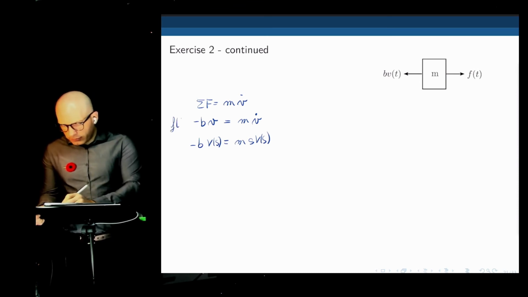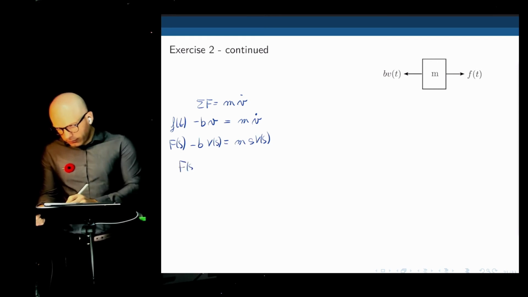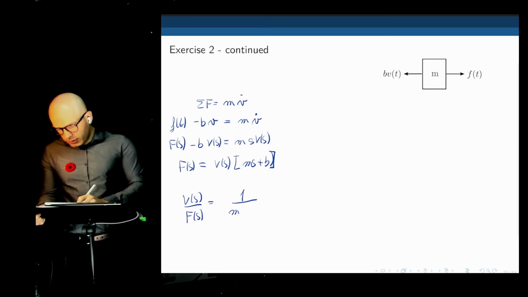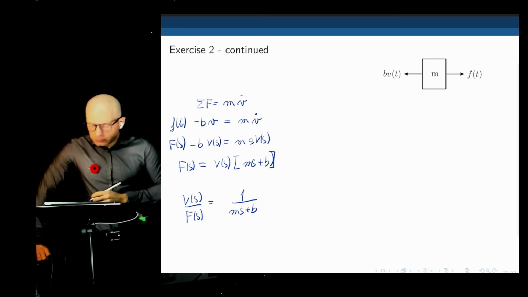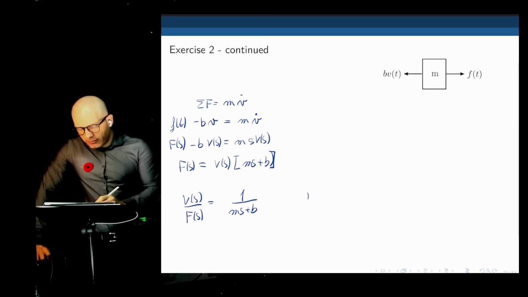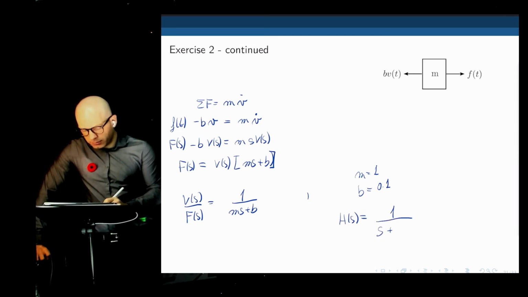I forgot the force here, sorry, f(t), F(s). So two forces, the force input and the viscous friction. And now F(s) equals V(s) times (ms plus b), and the speed over force is 1 over (ms plus b). Are we good? And we have a mass of 1 and b is 0.1, so this gives a transfer function H(s) as 1 over (s plus 0.1).